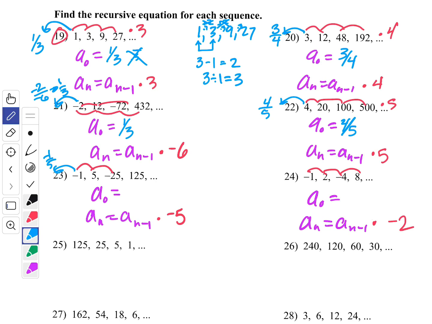Negative 1 going backwards, dividing by negative 5 is negative 1 over negative 5, so positive 1/5. Negative 2 going backwards, or negative 1 divided by negative 2 is a positive 1/2.